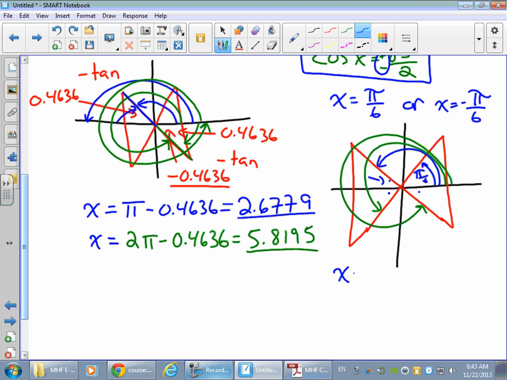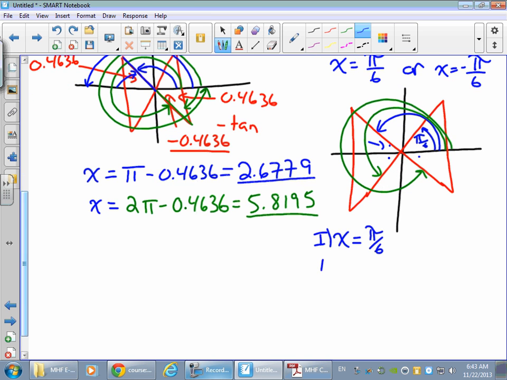So my possibilities, x is, as we said, pi over 6. In the second quadrant, let's mark these off, in quadrant 1, in quadrant 2, I'm not quite getting all the way around to pi, so I get essentially pi minus the pi over 6, which is 5 pi over 6.